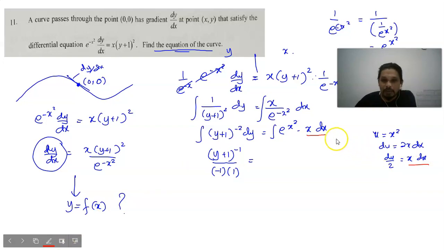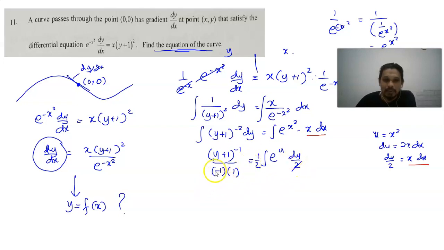Okay, x dx and x dx, am I right? So then the integral of e to the power of u, with u equal to x squared, e to the power of u, and x dx equal to du over 2. Over 2, it is 1 over 2, so take it outside.